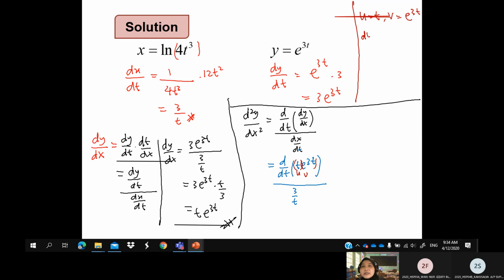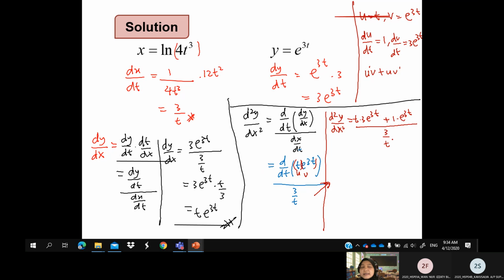So u prime, du/dt, is 1, and dv/dt is e^(3t) copied, times 3. Then substitute. So d²y/dx² is equal to, using the product rule, t times 3e^(3t) plus 1 times e^(3t), over 3 over t.